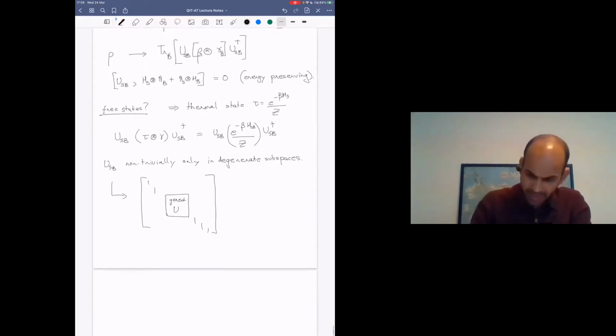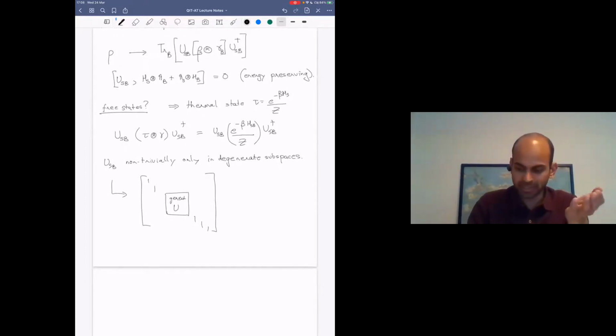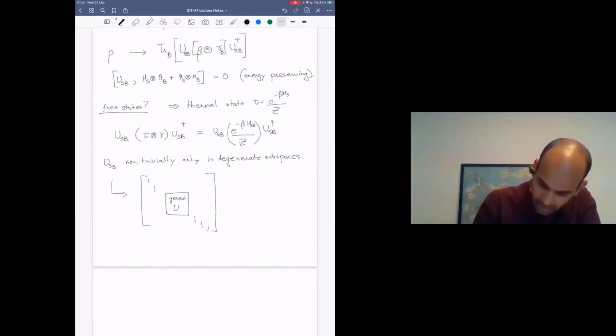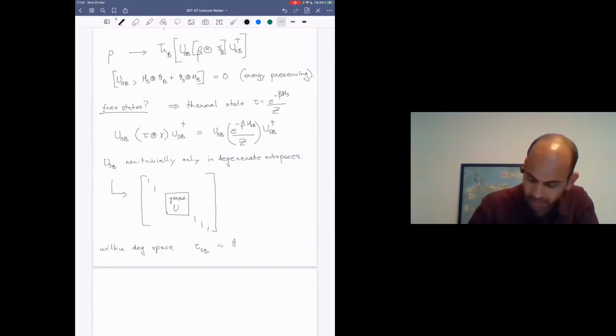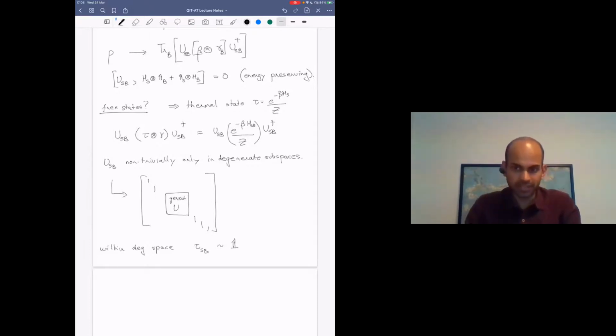However, let us look at this form of the thermal state within a degenerate block. So within degenerate subspaces, the thermal state tau of the system and bath is approximately the same, well, not approximately, it scales as the identity operator. And the reason is the following.